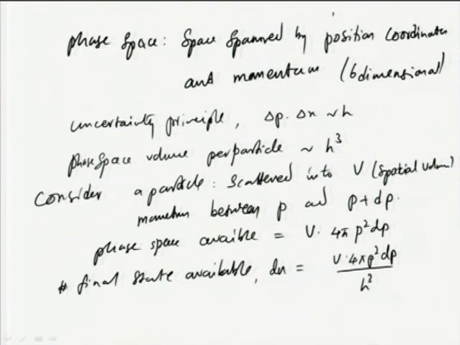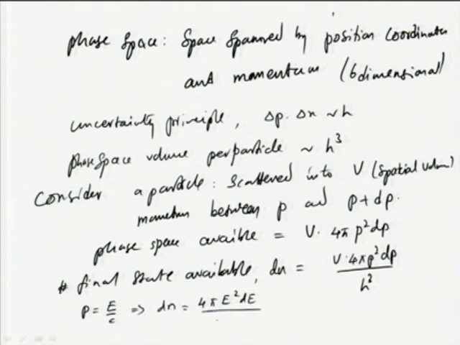So, we can actually write it in terms of energy by considering the fact that p is equal to E by c, relativistic relation. So, that will give you dN equal to 4 pi E square, p square becomes E square by c square. So, the factor of c will come down. dp is dE divided by c.